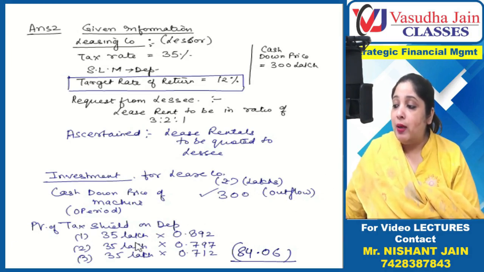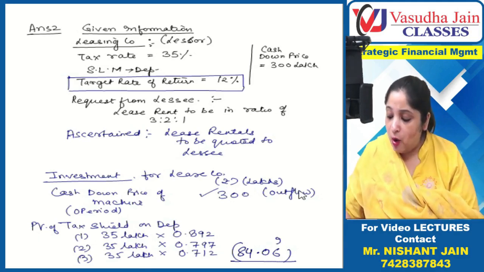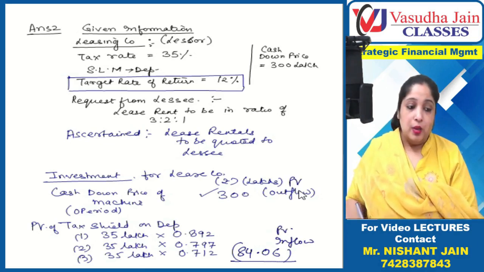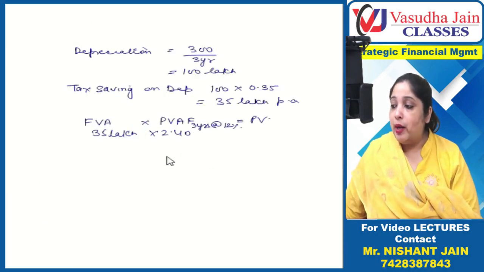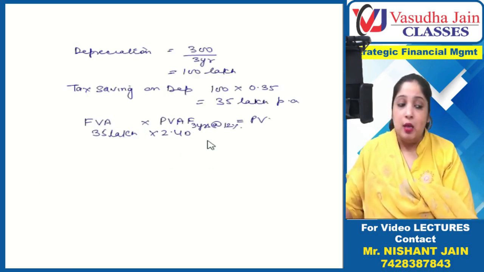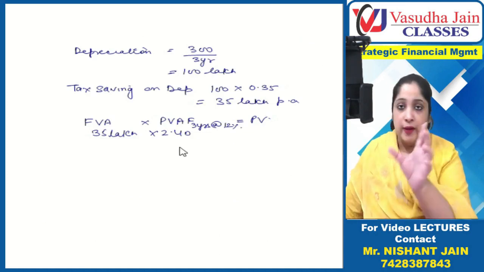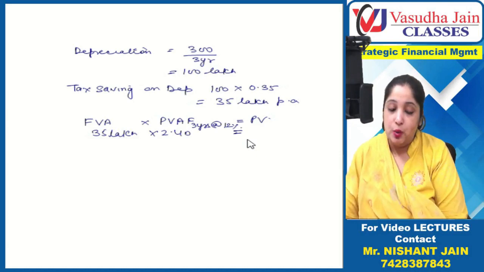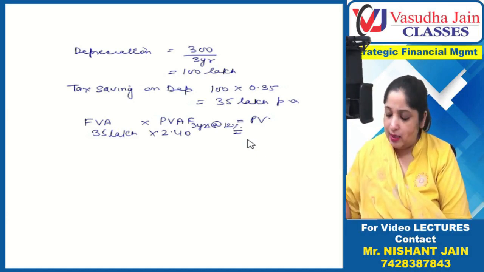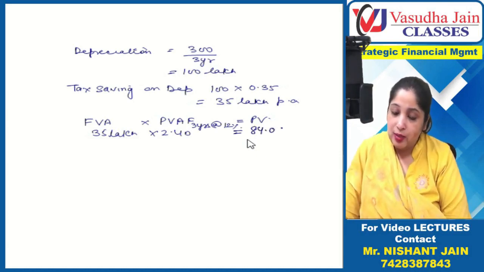So we can either multiply 35 lakh, we are just trying to write the present value of it, so that the present value of outflow and the present value of inflow can be written and we can subtract directly. So basically, you multiply 35 lakh by this 2.4018, whatever the figure is coming on your calculator, and you will get 84.06.